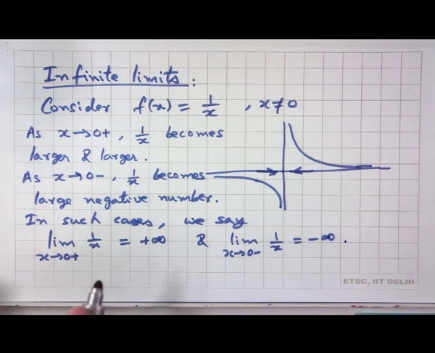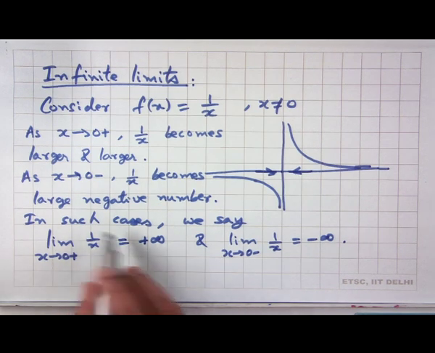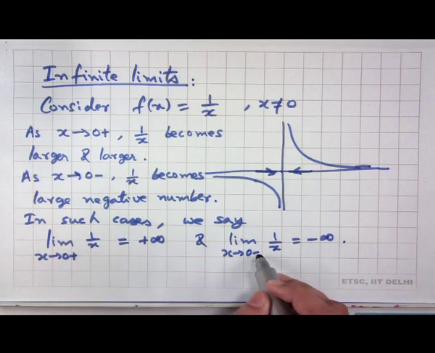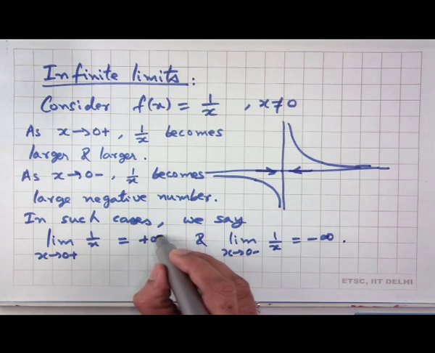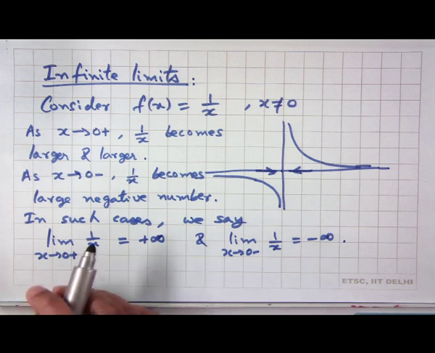This simply means that if x is a small positive number, then 1 by x becomes a large positive number, and if x is a small negative number, then 1 by x becomes a large negative number. So, we use these symbols, positive infinity and negative infinity, to just say that.